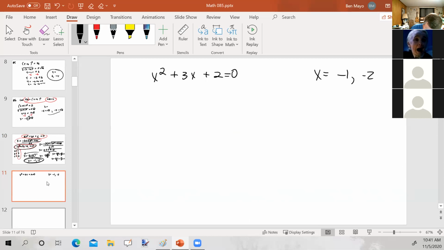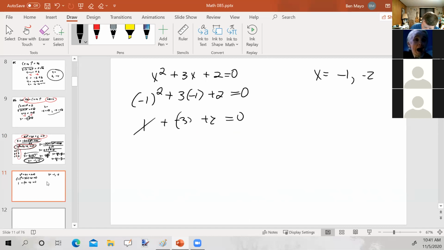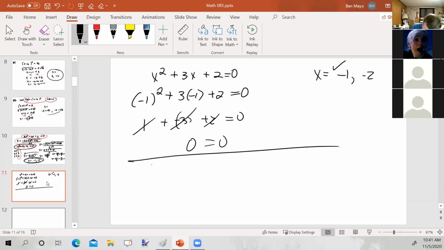If x is -1, we would have -1 squared plus 3 times -1 plus 2 equals 0. -1, the quantity squared, is +1. So we've got 1 plus -3 plus 2 equals 0. 1 plus 2 is 3, minus 3 is 0, 0 equals 0. So -1 checks.